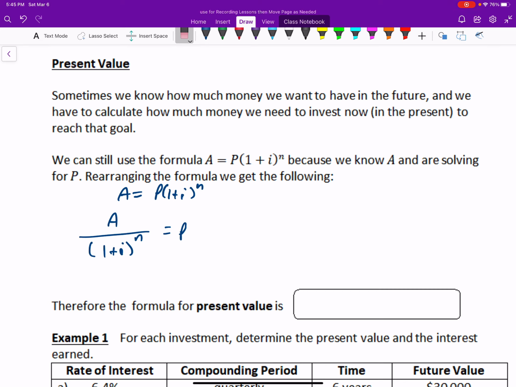And instead of writing it as A over (1 + i)^n, I could write it as A times 1 over (1 + i) to the exponent n.